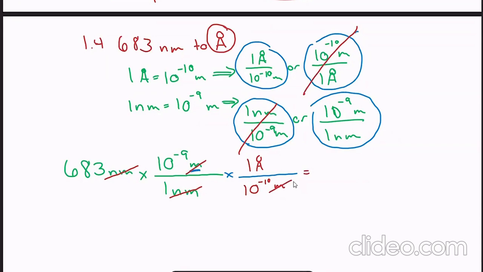So we're going to have 683 times 10 to the minus 9 divided by 10 to the minus 10. That's 6,830.